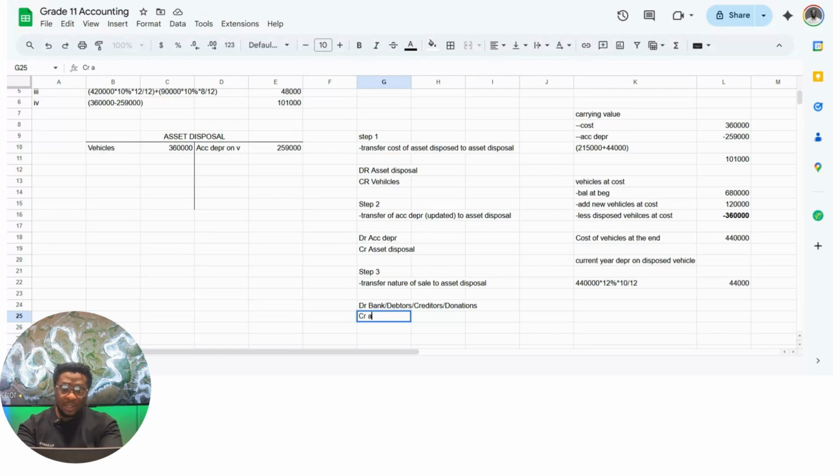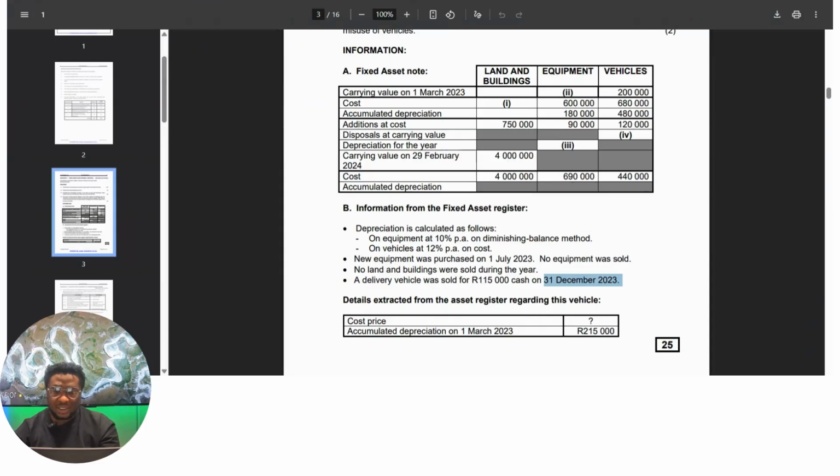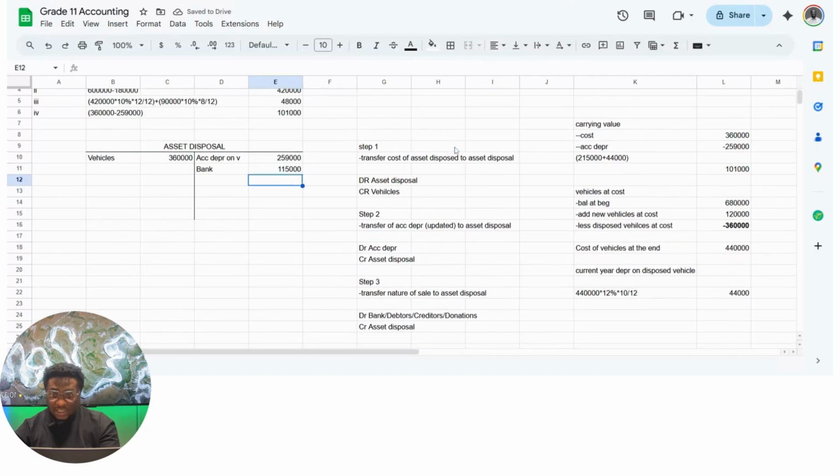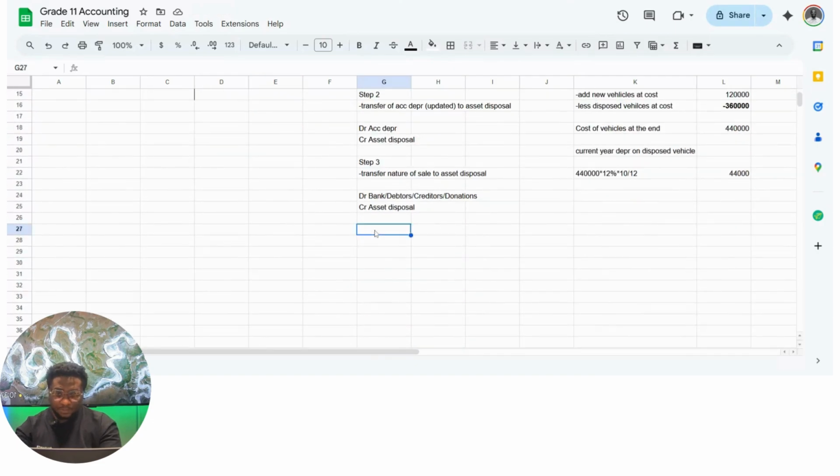So now you can see that, again, we're on the credit side of asset disposal. In this case, what is applicable would be bank, and that bank would be the amount that we received. So in this case, we received 115,000. Okay, cool.